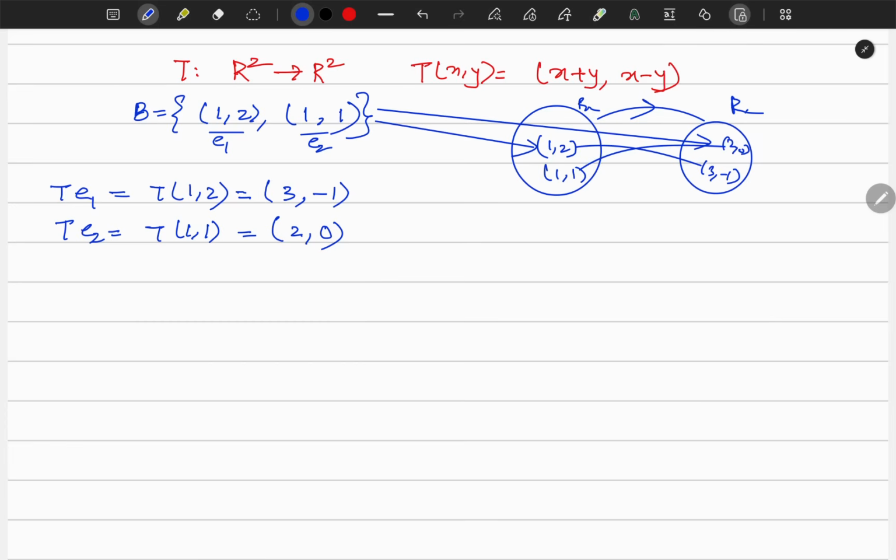So now it has a basis, so it means this element can also be written as a linear combination of bases, this is also a linear combination of bases. So can we write that 3 comma minus 1, we have to write it as a linear combination alpha 1 times (1 comma 2) plus alpha 2 times (1 comma 1), and similarly 2 comma 0 will be beta 1 times (1 comma 2) plus beta 2 times (1 comma 1). Okay, sorry, 1 comma 1.